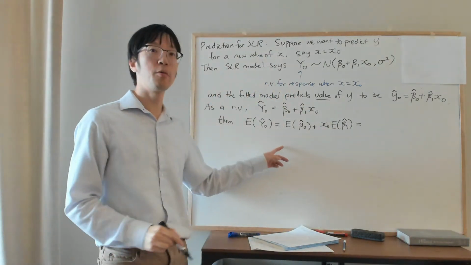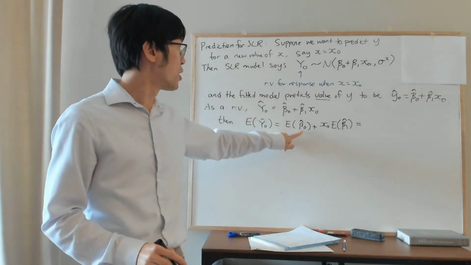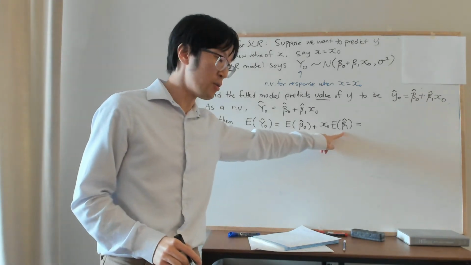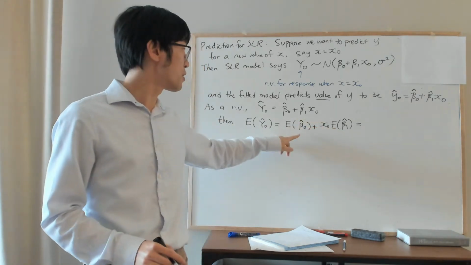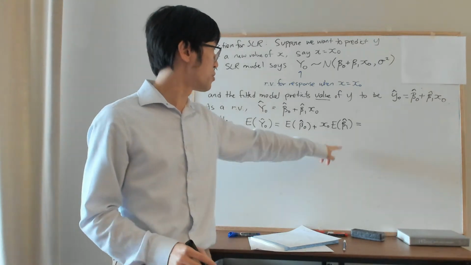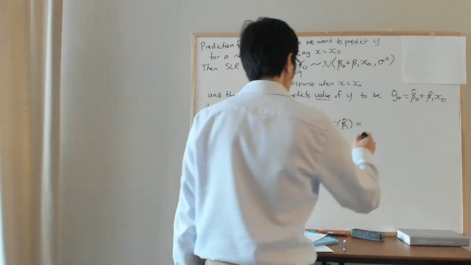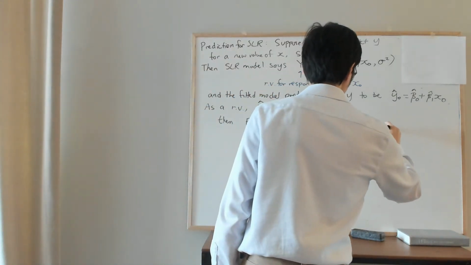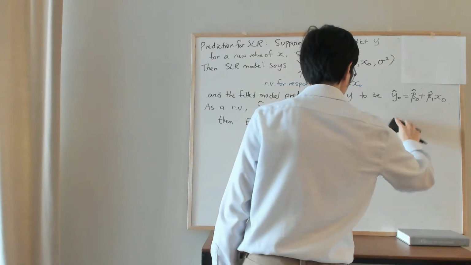This is where what we learned in our last lecture comes into play. We learned that beta 0 hat and beta 1 hat are unbiased estimators of beta 0 and beta 1. Specifically, these two have normal distributions, with mean beta 0 and mean beta 1. So we can use those facts here. So this is simply beta 0 plus beta 1 x0.